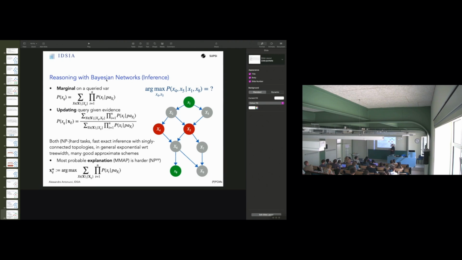I know that my patient has this symptom, has this story or whatever, so which is the most probable configuration of some other variables? It is a more involved inference task, and also more complicated from a computational complexity perspective. This is NP-PP, which means in general there is no exact fast algorithm, and it's even more complicated than this one.